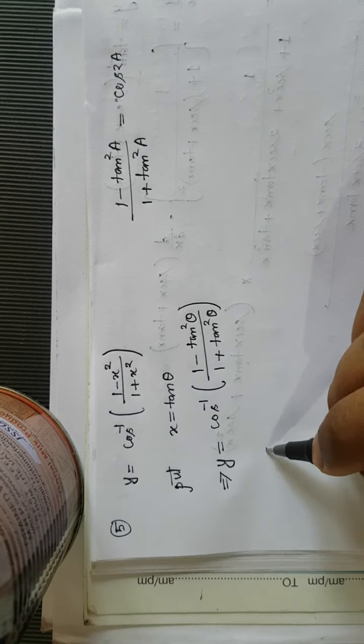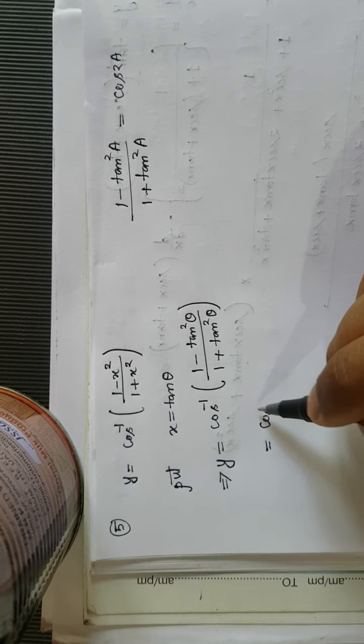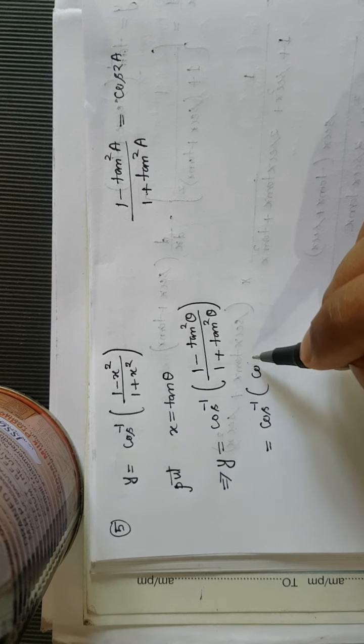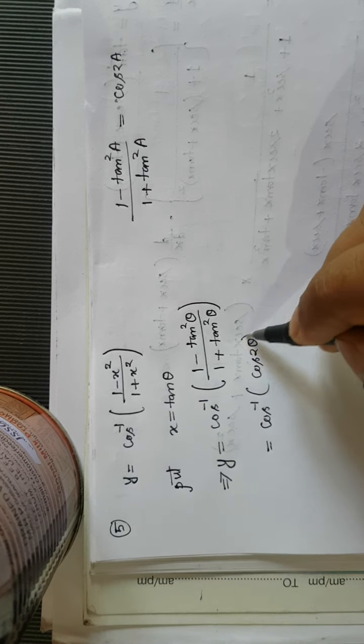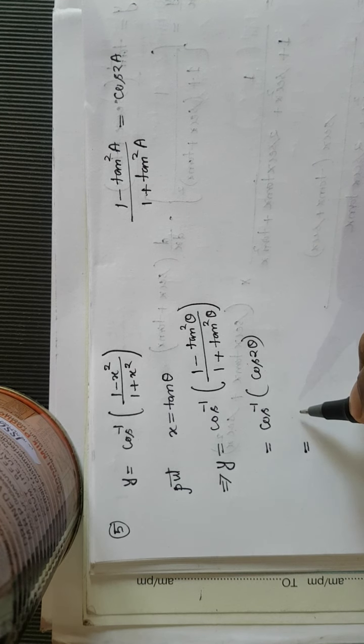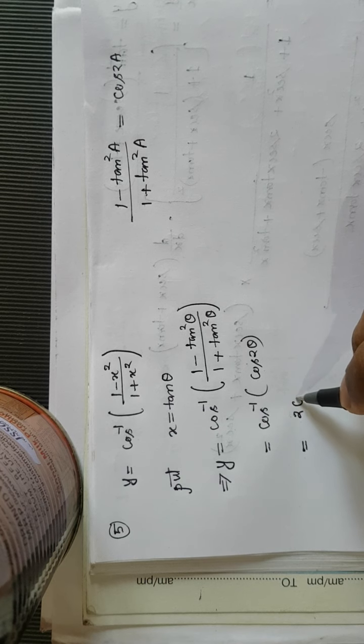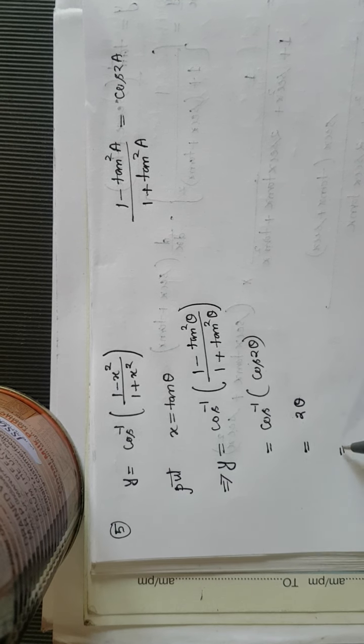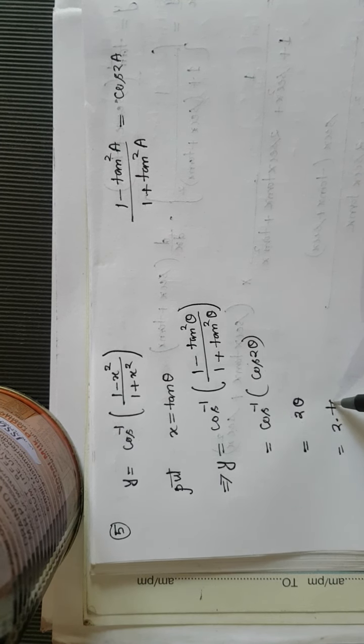Now use the formula of class 11's trigonometry. This is cos twice theta. Cos and cos inverse get cancelled. This is twice theta. Again your theta will be tan inverse of x, so y is 2 times tan inverse of x.